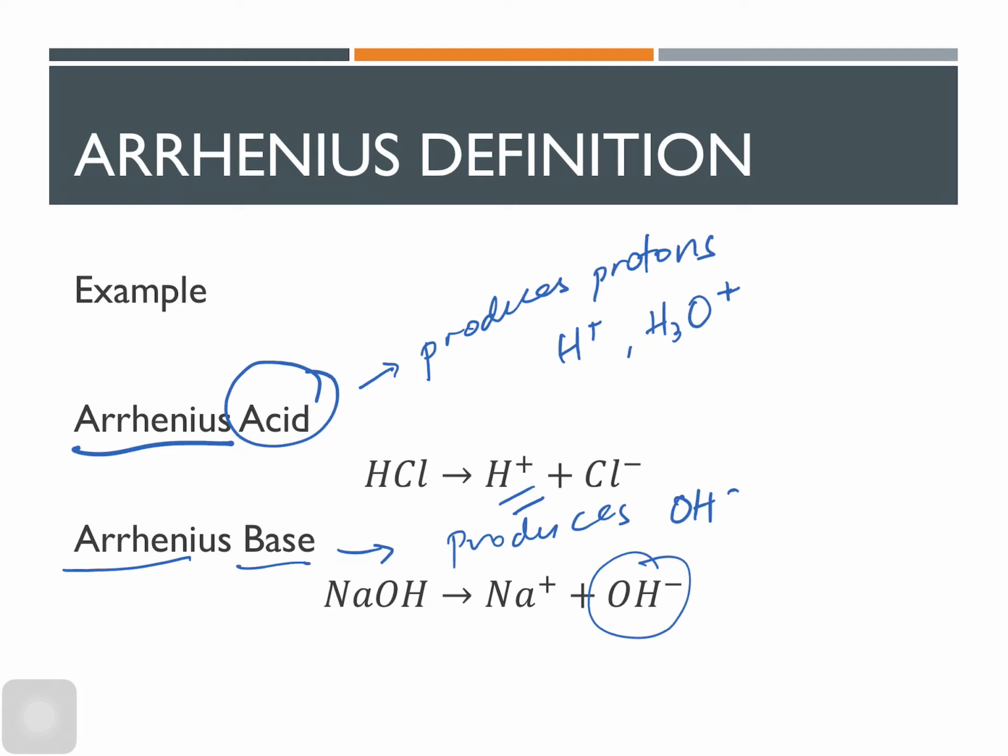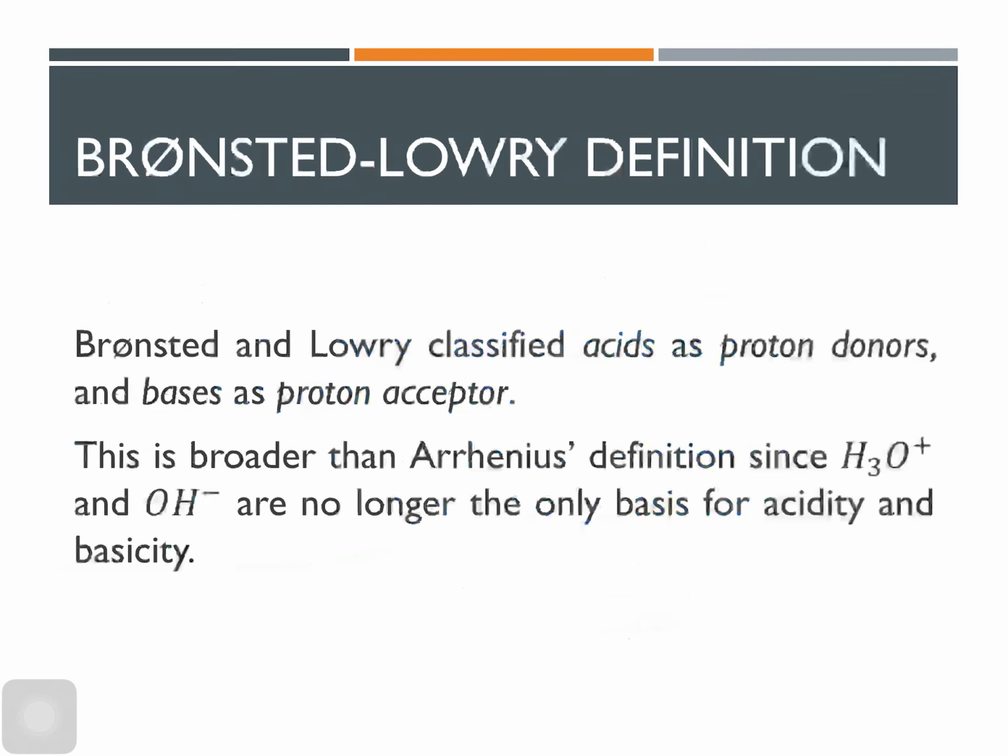That was a concern for the chemists before. So they defined a new definition for acids and bases. With that, two chemists, Brønsted and Lowry, redefined the definition of acids and bases.